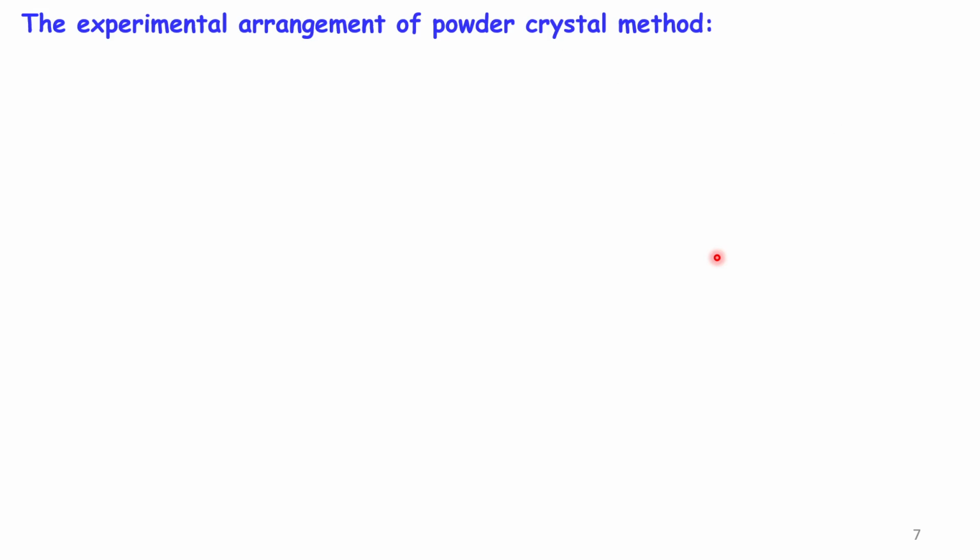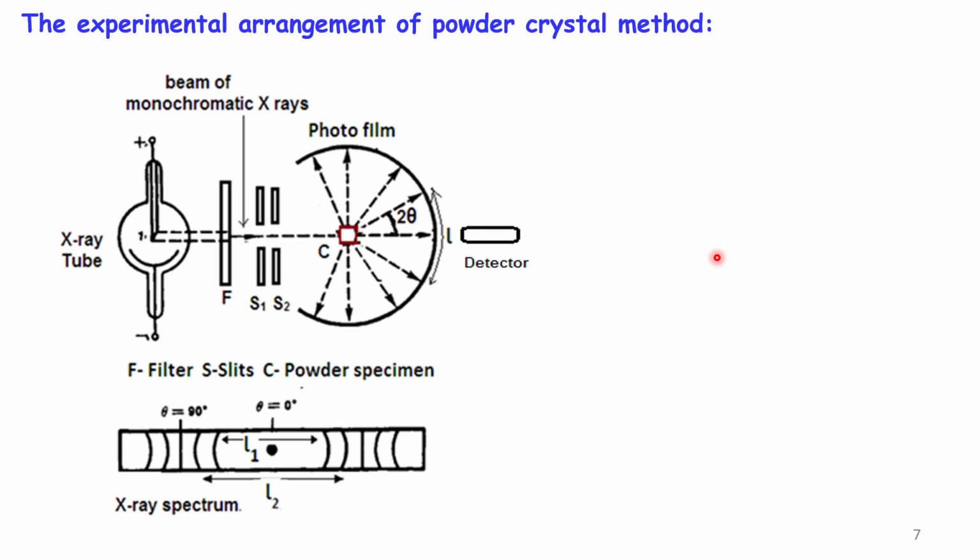Now we are going to see in detail the experimental arrangement of the powder crystal method. Here is the schematic diagram of the powder method. It consists of different parts. The first part is the X-ray tube, which generates polychromatic radiation of X-rays.